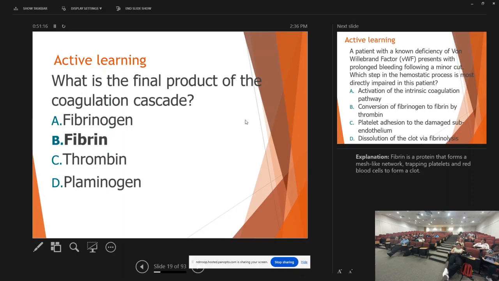Factor 5A. So what factor would activate thrombin?